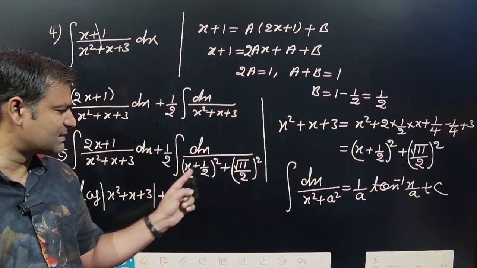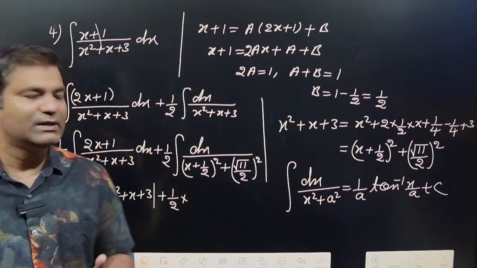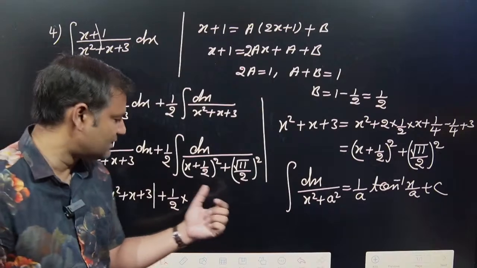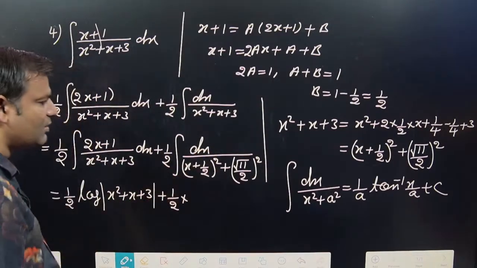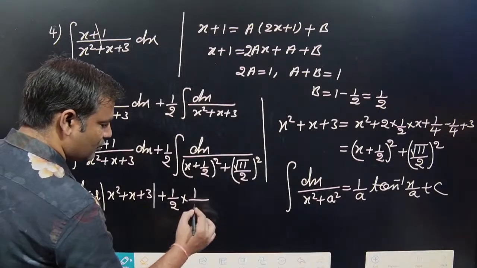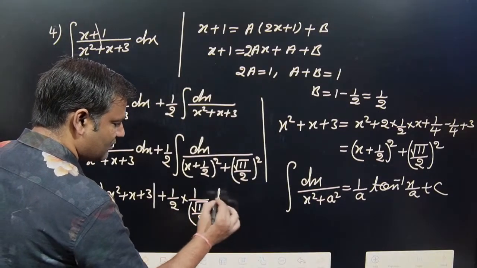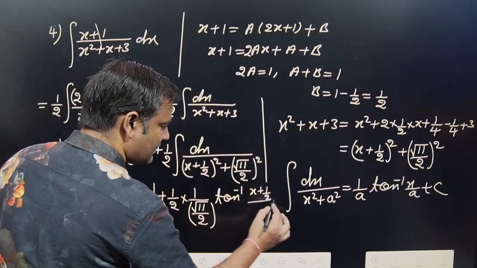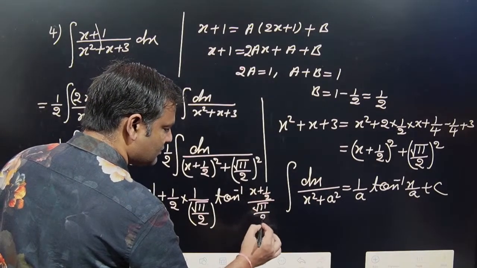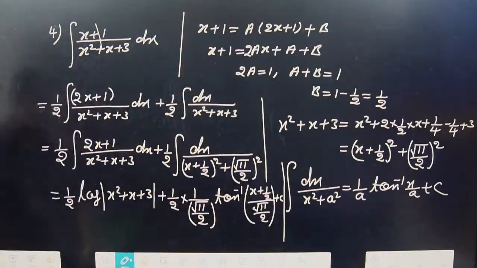So x is basically x plus half, and a is basically root 11 by 2. That's why we write 1 by 2, see here 1 by 2 into 1 by a. A is root 11 by 2, so 1 by root 11 by 2 into tan inverse x plus half divided by root 11 by 2, plus c.